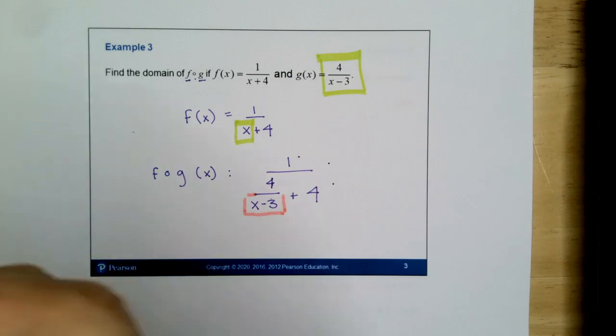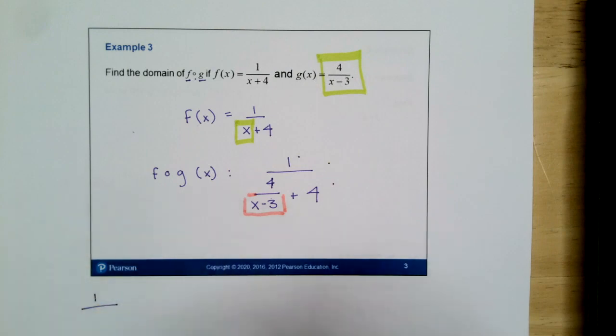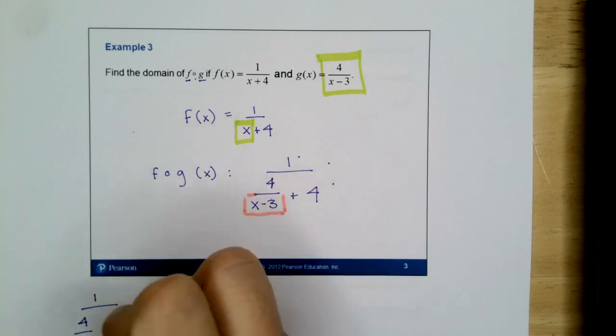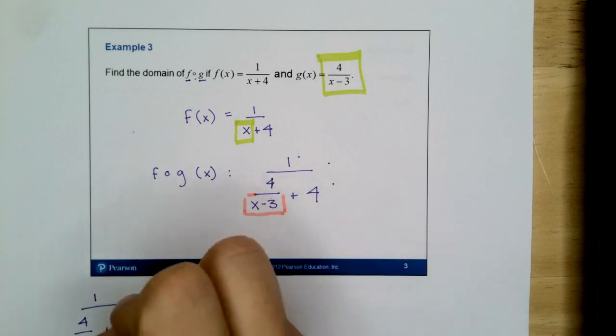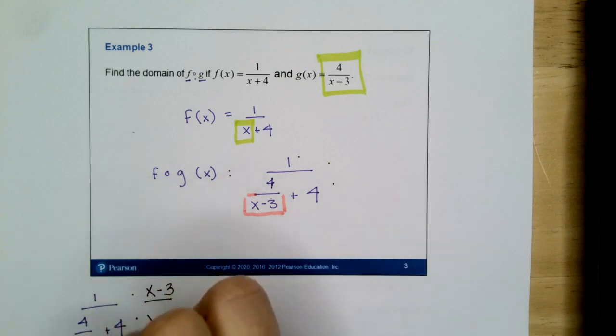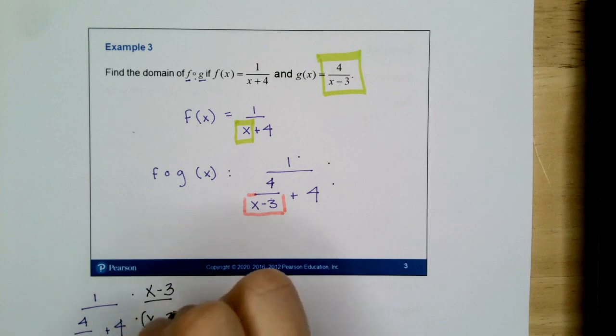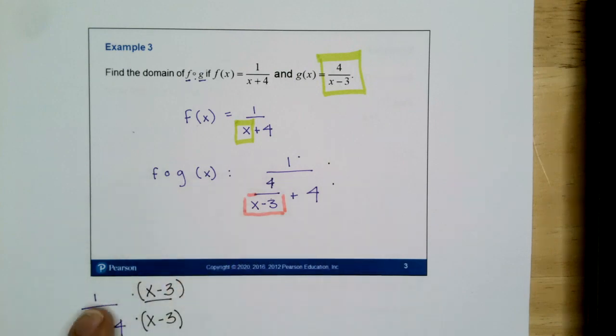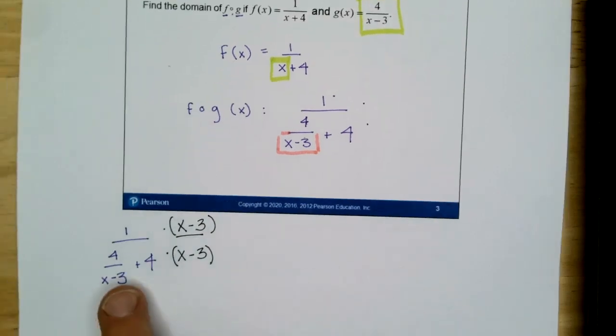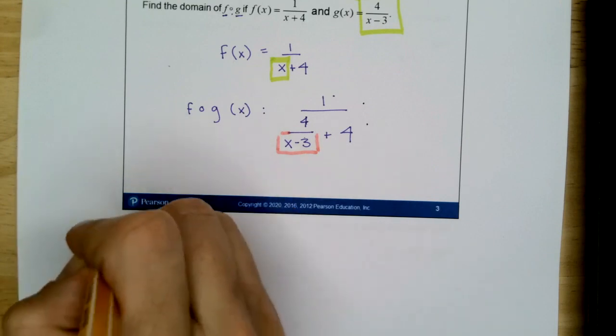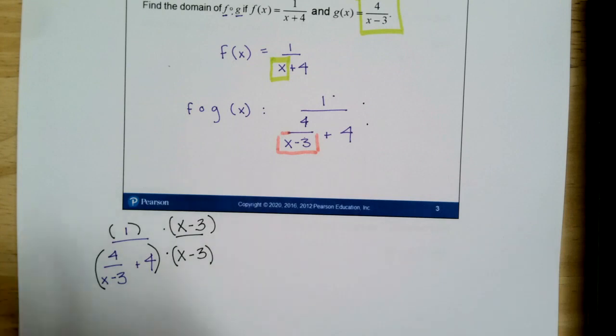So I'm going to write it again. 1 over 4 divided by x minus 3 plus 4, and we are going to multiply that by x minus 3. 1 times x minus 3 on top, and on the bottom 4 divided by x minus 3 plus 4, all times x minus 3.